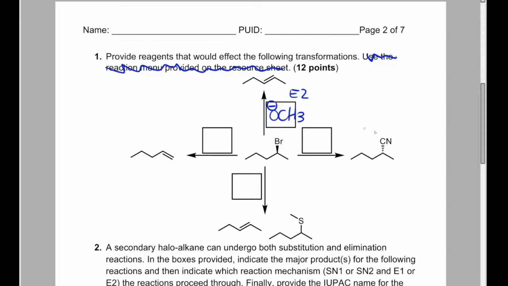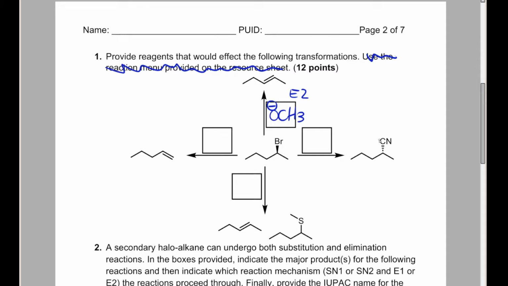For this second reaction we're looking at, going in the clockwise direction, we're transforming this bromine into a CN group. And keep in mind that the wedge turns into a dash, and this is really important because it's going to be a major hint as to what kind of reaction mechanism it is.